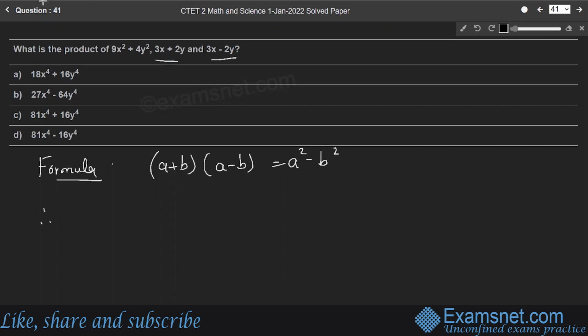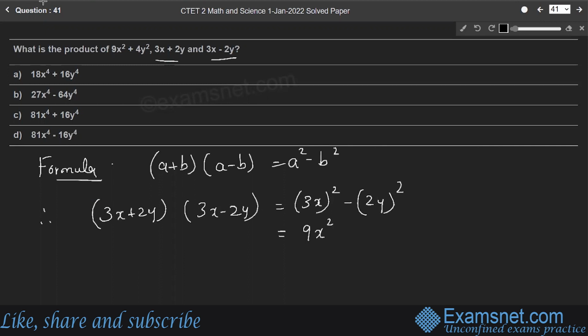Therefore, 3x plus 2y into 3x minus 2y is equal to 3x the whole square minus 2y the whole square, which is equal to 9x square minus 4y square.